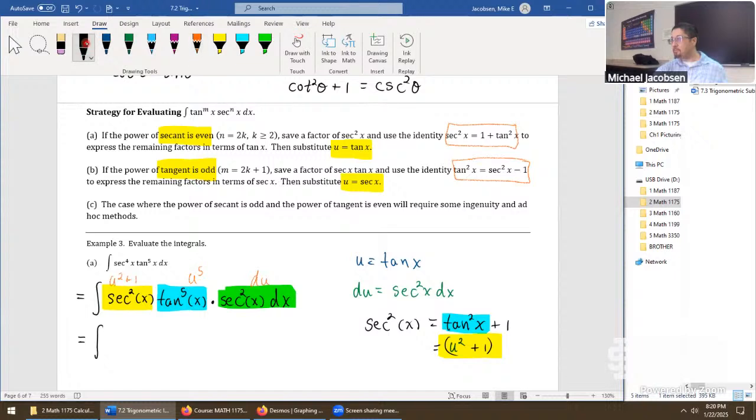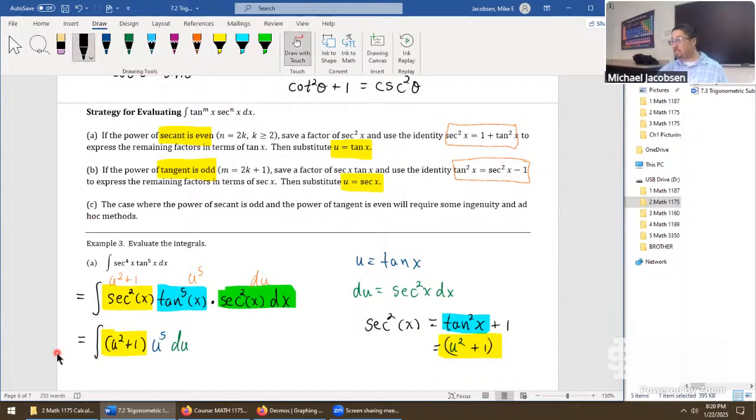Okay, so here's our big punchline to all of this. In place of secant squared x, follow these identities, and we have a u squared plus 1. Then multiply that by u power 5. And the whole secant squared x dx is just another way to say du now, per our original substitution.